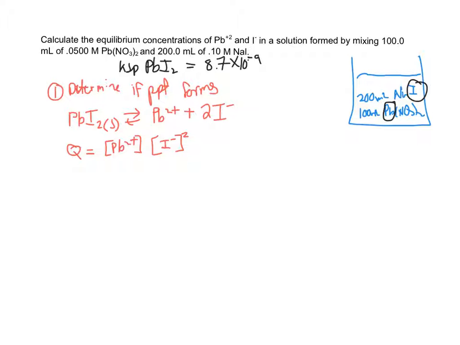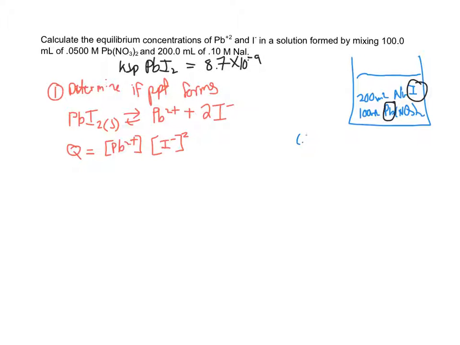And so you can use M1V1 equals M2V2, or you could find the moles and divide by the total volume, whatever you prefer here. So I'm going to do that on the side here. I will start with the lead ion.